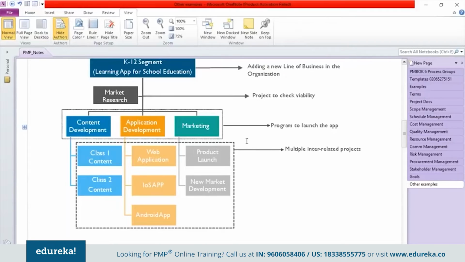So under this portfolio, they are running various projects, they're running various programs. All these programs and projects put together will help them in growing this portfolio of education and in turn achieving the strategic objectives that they have decided at the organization level. So I hope this clarifies your question, Swati. All right, thank you for that confirmation.